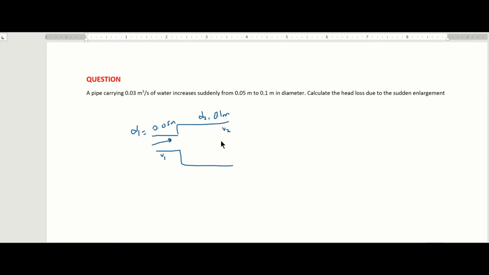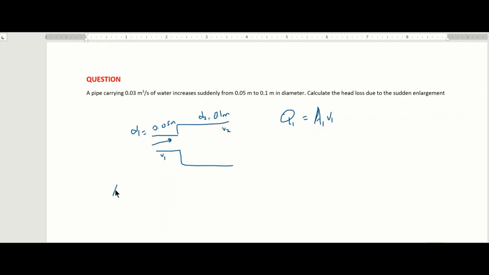Now we know that in fluid mechanics, the rate of flow at the exit is always equal to the flow at the entrance. So we can say that Q1 is equal to the area at point 1 times the velocity at point 1. Our goal here is to find our velocity at point 1. So to find that, we have to find our area.